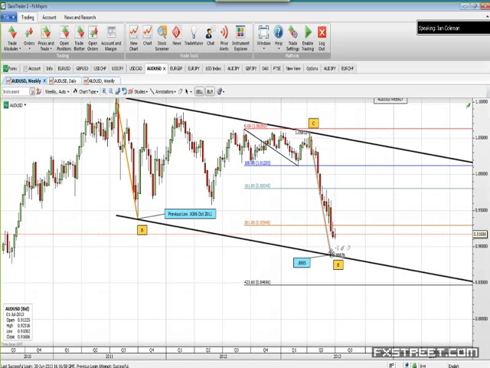A lot of the time, commodity currencies run through 261.8% and actually target 423.6%, which again is located at 84.70. So still a bearish bias, still looking to sell into rallies.